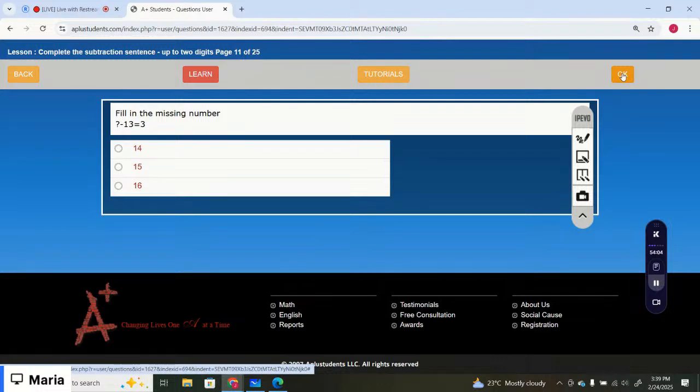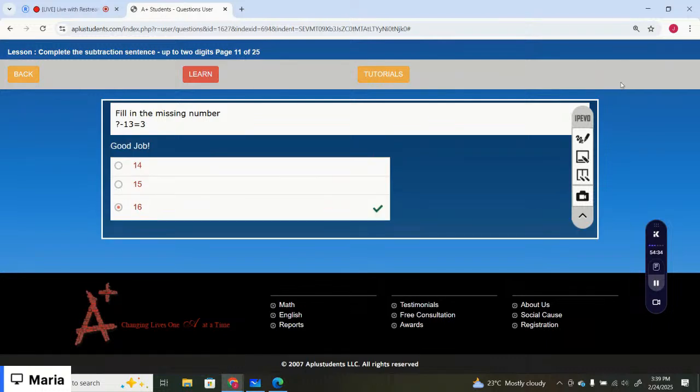Which is the correct option? Sixteen take away 13 is 3. Option number 3 is the correct option.